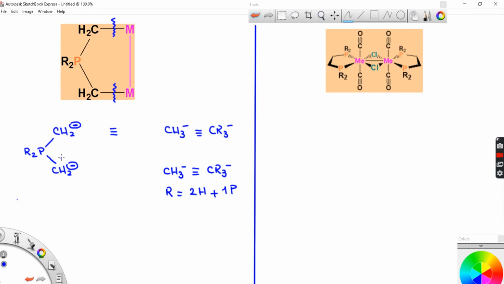So till now the total charge of the ligand is 2 minus. But look to the phosphorus. The phosphorus in this case is R2P, bond with carbon L, and bond with carbon L. So it's equivalent to R4P, and this is a phosphonium. So we have a plus on phosphorus.